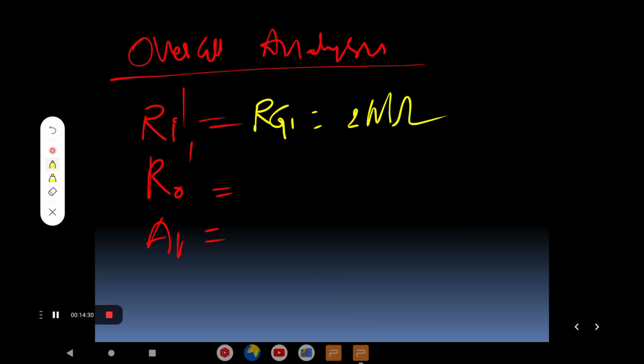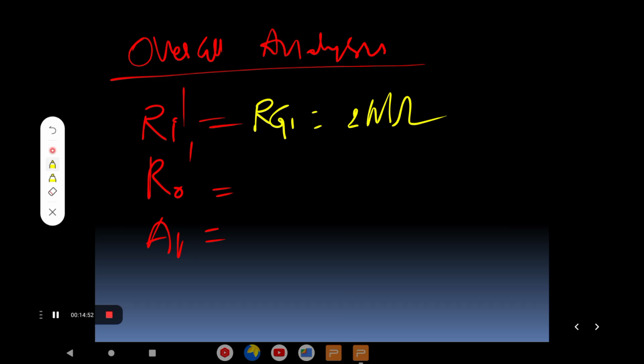Output resistance R0 dash is equal to RO2 dash. RO2 dash is nothing but RO2 in parallel with that resistance. RO2 can be calculated as around 30.2K. There is a formula: RO2 is equal to RDS plus 1 plus mu into source resistance.